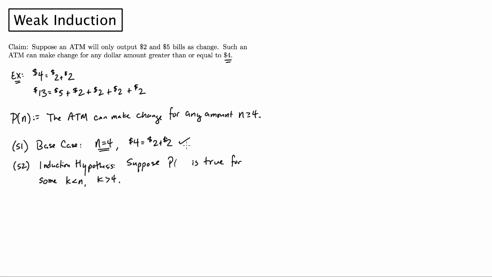Meaning that there's some specific value that we know that it's true for, and that value is some arbitrary number less than the number n, but greater than our base case of 4.